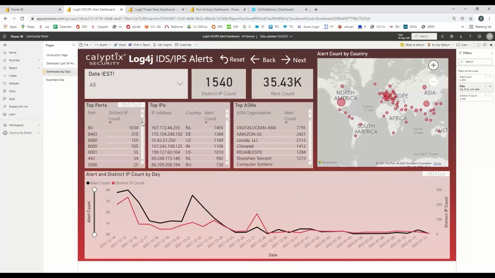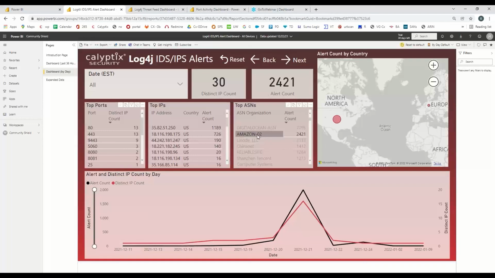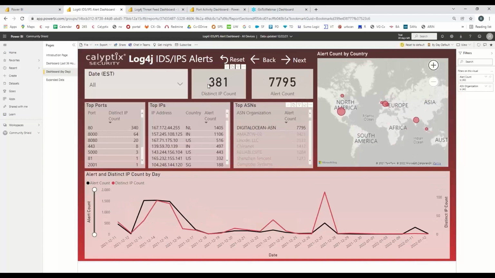Additionally, a couple other things to note are the ports that we do see this on, and as we already mentioned, most of it's unencrypted traffic in terms of the initial detection. And also want to note, well-known infrastructure providers are included in this, right? Amazon, DigitalOcean.